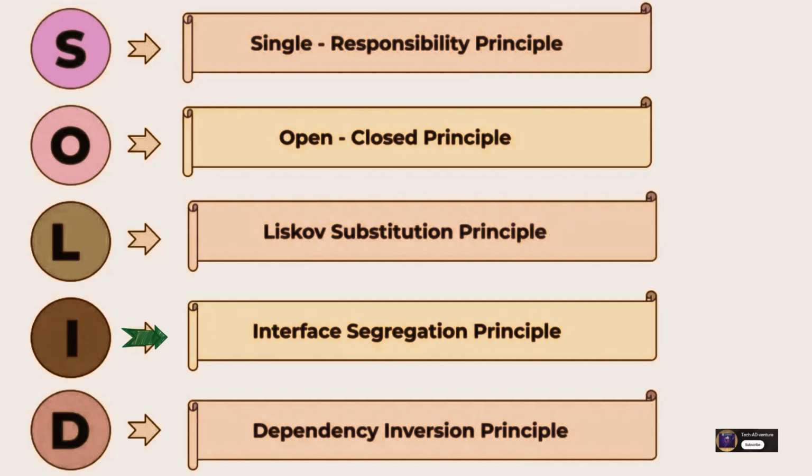I stands for Interface Segregation Principle, ISP. It states that clients should not be forced to depend on interfaces they do not use. This principle advocates for creating smaller, more specific interfaces rather than large, general-purpose ones. This way, clients only need to implement the methods that are relevant to them, leading to more modular and flexible code.